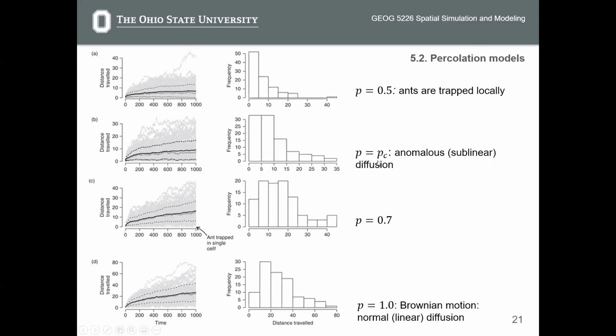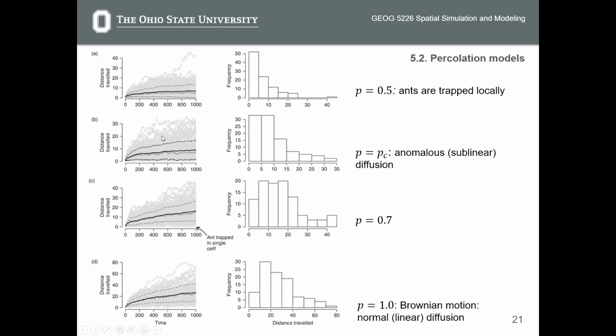So when p is equal to pc, we have a sublinear diffusion, which means that the efficiency of the movement is still not too high, but better than the scenario with p equals 0.5, right?